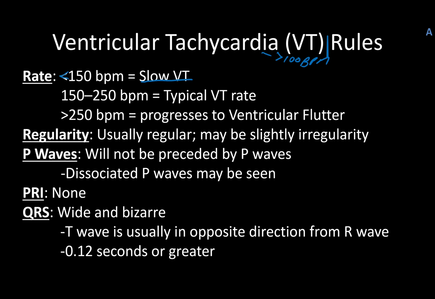Now, typically, V-Tach is going to be here, which is 150 to 200 beats per minute. In cases where patients actually get going faster than 250, it's moving at such a rapid clip that it can actually be called ventricular flutter, not fib, flutter. There's another slide where I'll talk about that as we go forward, but it's kind of a neat concept. Is it going to change what you do? Not necessarily. You're still going to check for a pulse and do all those different patient support things that you would be expected to.